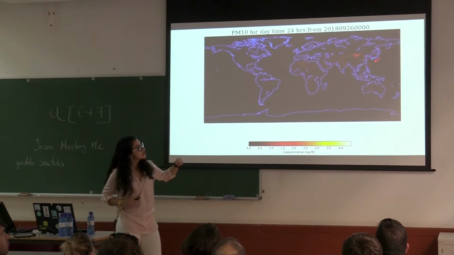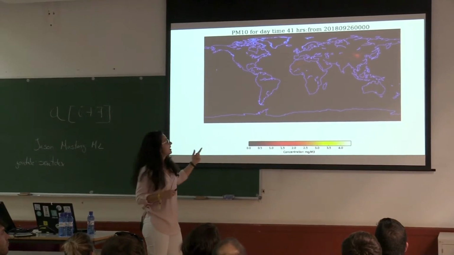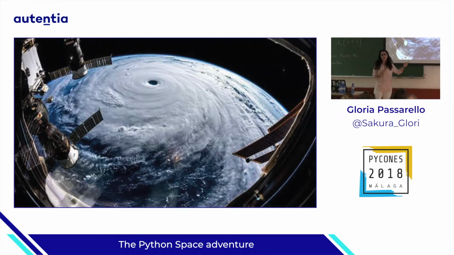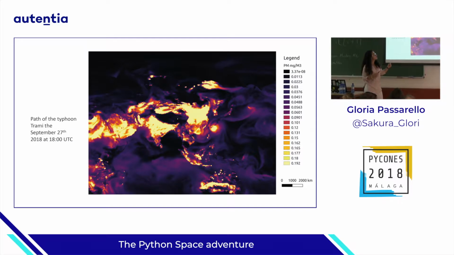There is PM in the middle of the ocean. What could it be? Is it that one? It's the Trami typhoon. This is the visualization of the global level of PM particles, and you can see here the Trami typhoon, which that day was in front of Taiwan, pointing to Japan.